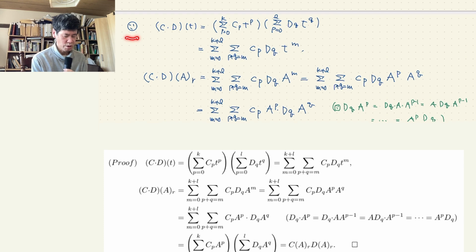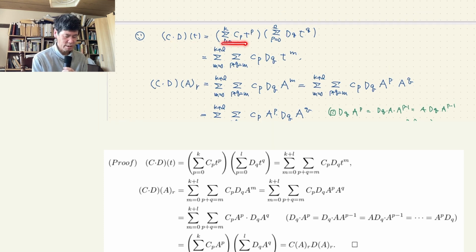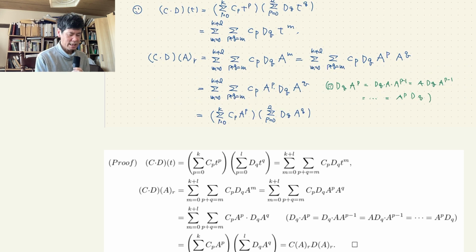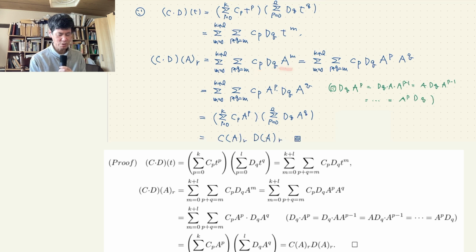The proof. C times D of t is equal to the summation of C_p t to the p times the summation of D_q t to the q, and this is equal to the summation of C_p times D_q times t to the m, where m is equal to p plus q. And C times D of A right is equal to the summation of C_p times D_q times A to the m.